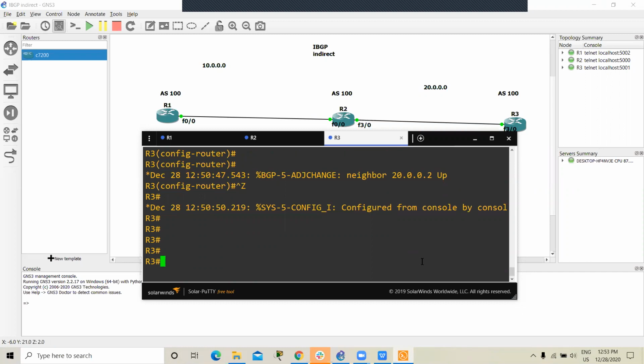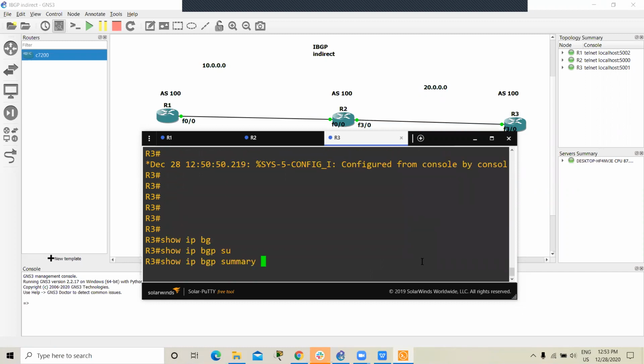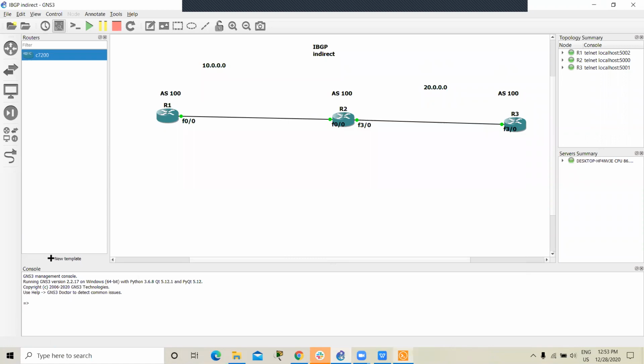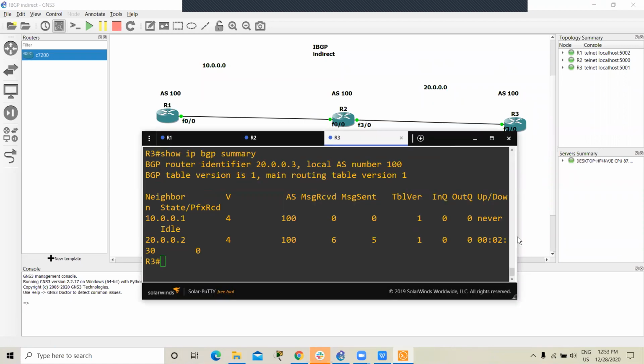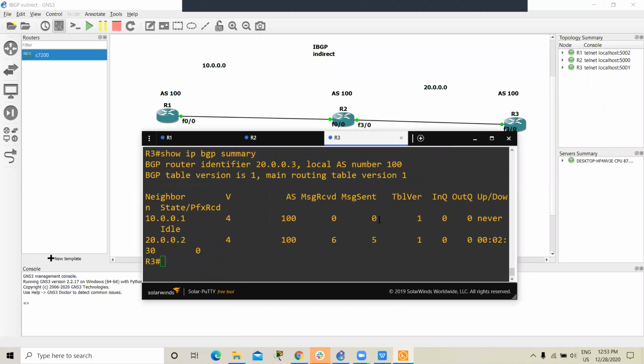You can check it with show IP BGP summary. Yes, this one.